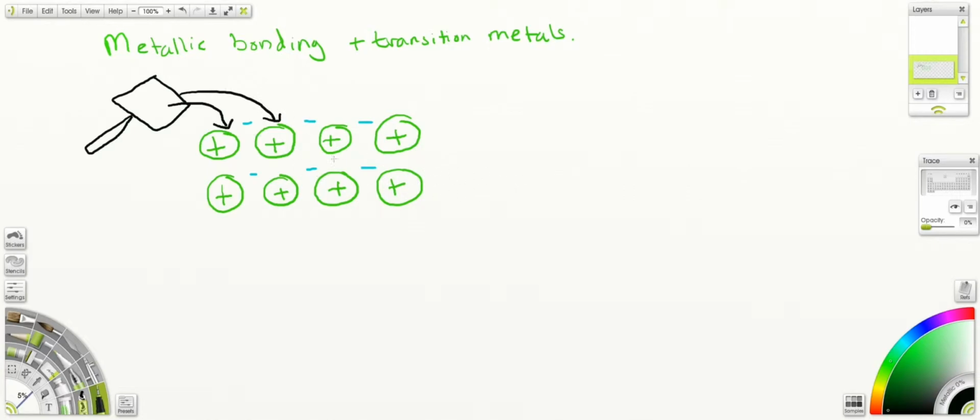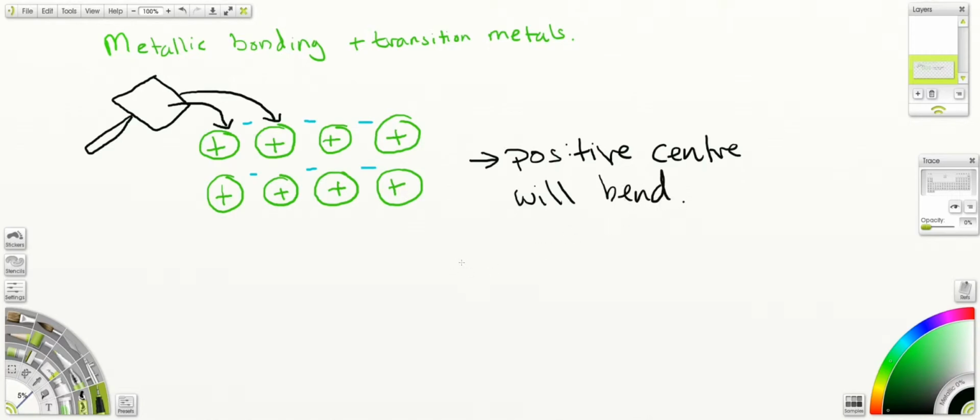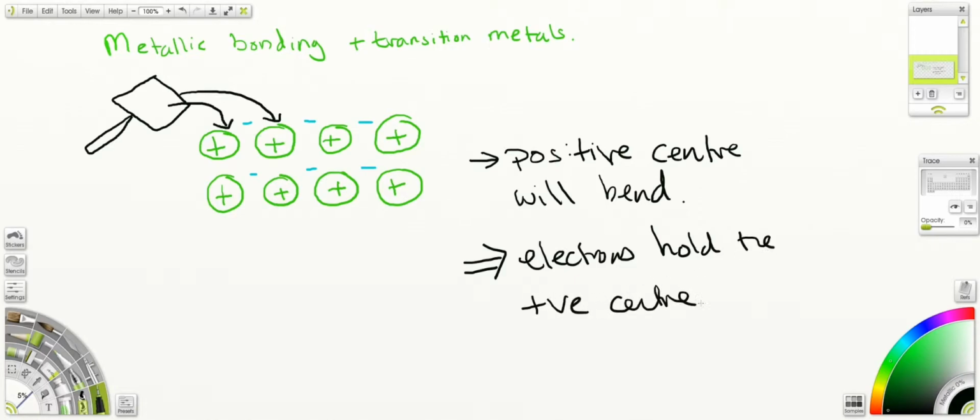What's going to happen is the positive centers will move inwards, which will cause bending. However, it doesn't break because the electrons hold the positive centers in place, and as a result we can bend metals into shape.